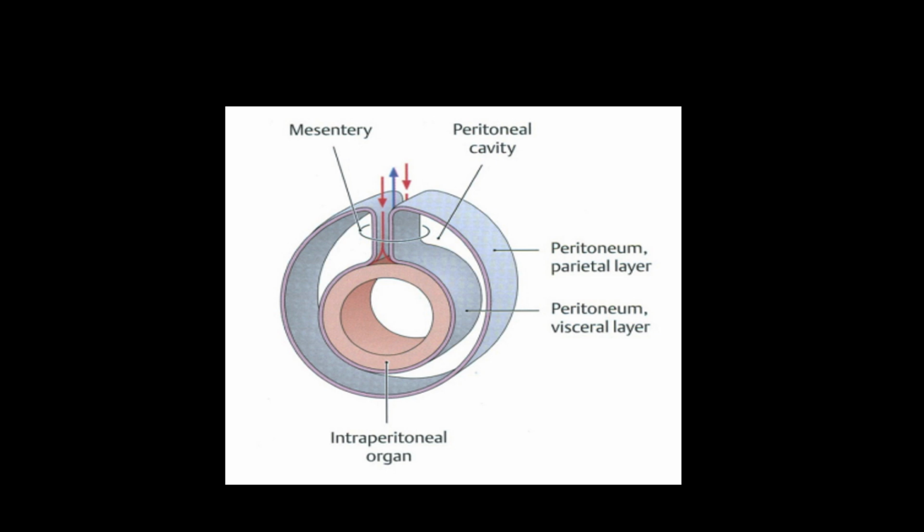So the mesentery is a double layered peritoneal membrane which suspends the organs into the abdominal cavity and keeps them in position throughout life. If it weren't for this mesentery, most of the abdominal organs or the gut abdominal organs would drop into the pelvis. So the mesentery plays a very, very important role.